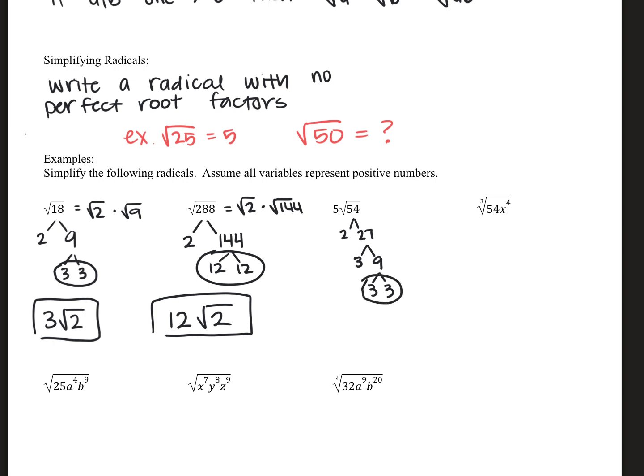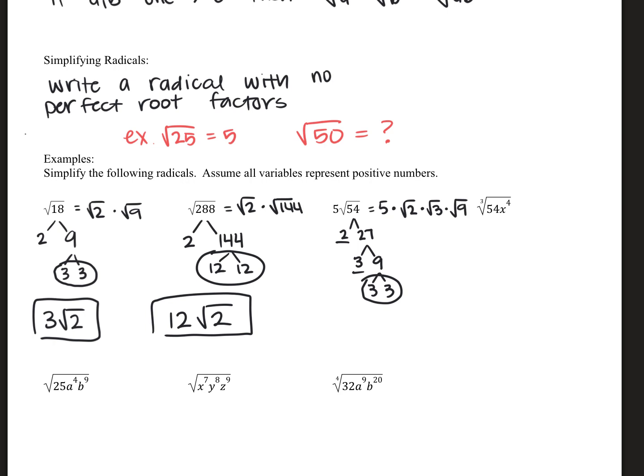So I have this 3. I can write this as 5 times, now unlike our last two examples where we just had one other number, I have the square root of 2, the square root of 3, and then the square root of 9.